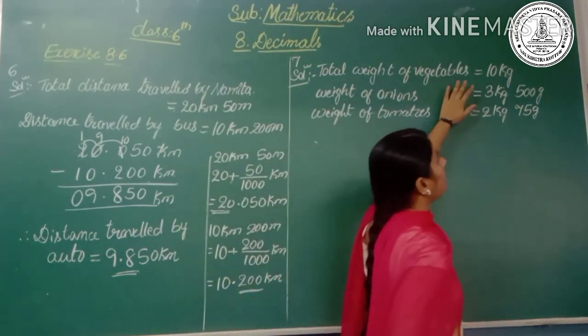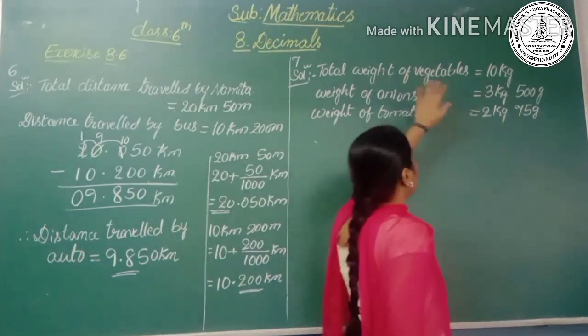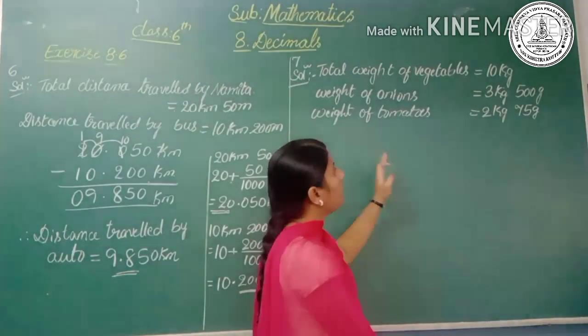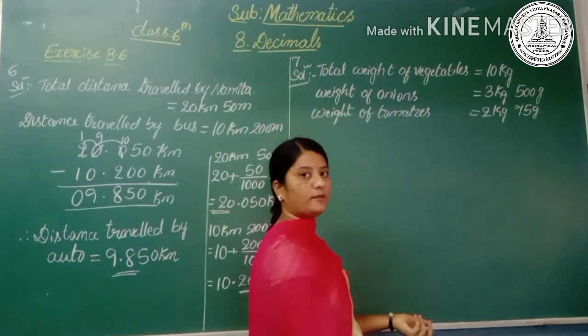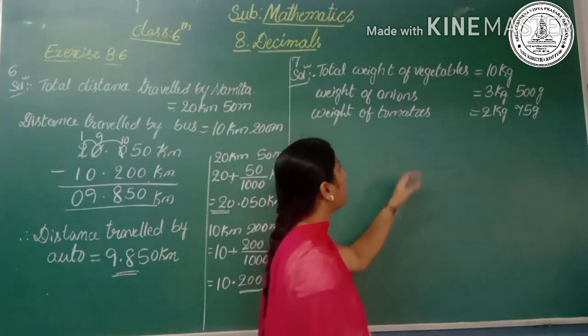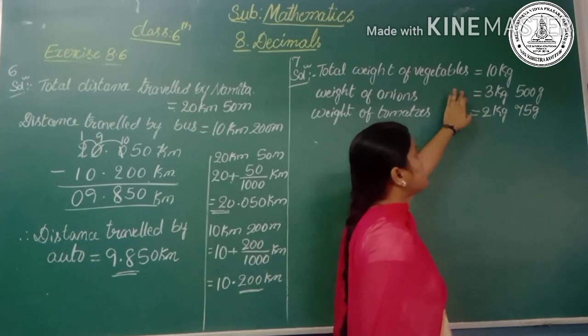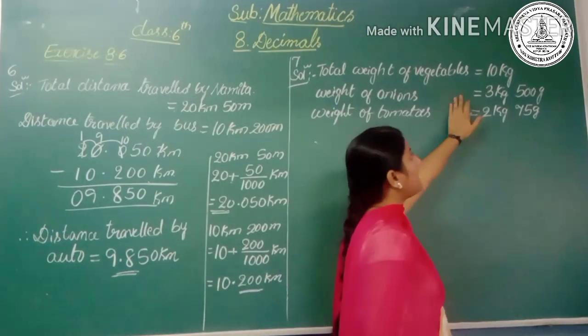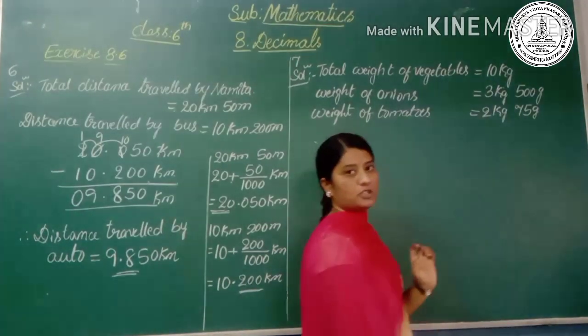The total weight of vegetables is 10 kg. In that there are onions, tomatoes and potatoes. So if you want to find the weight of the potatoes, what do we have to do? First we have to add the weight of onions and tomatoes, and subtract the sum from the 10 kg.